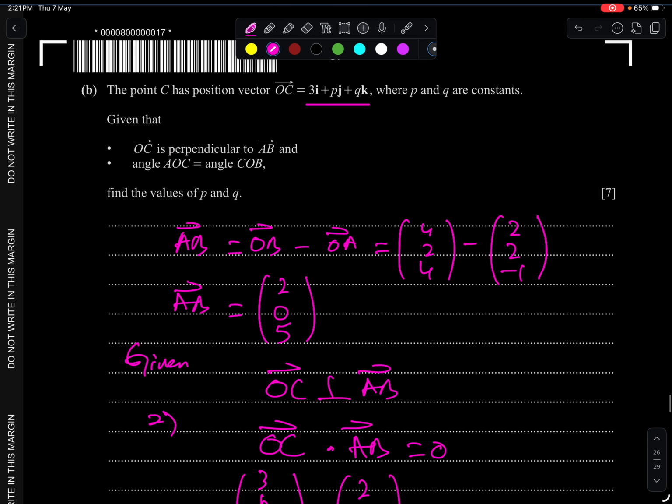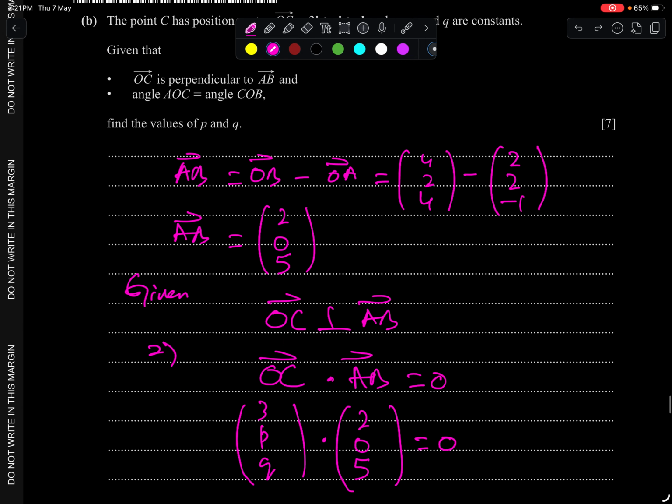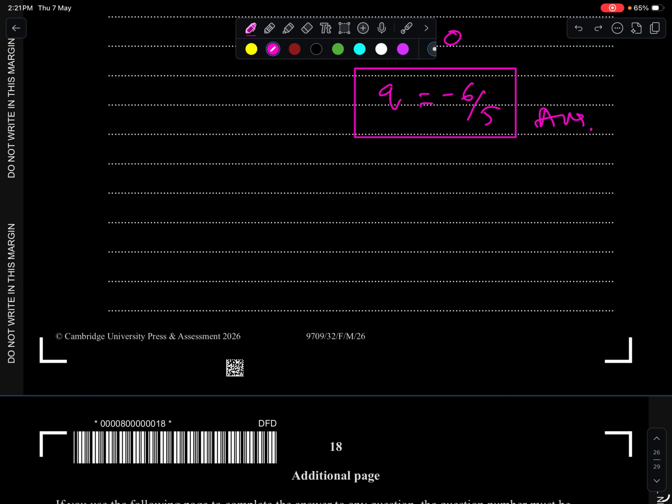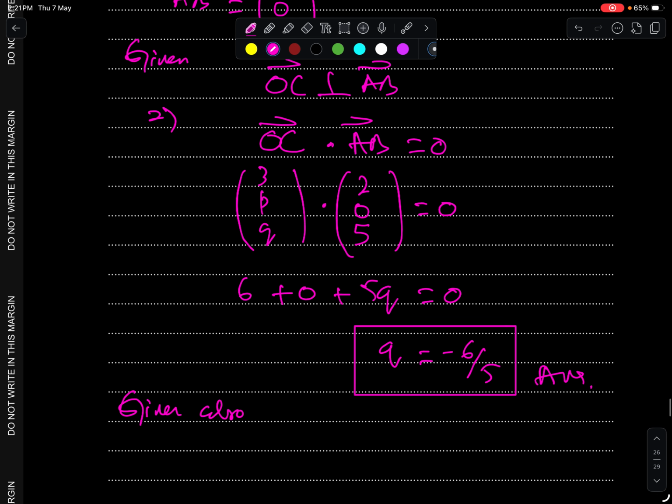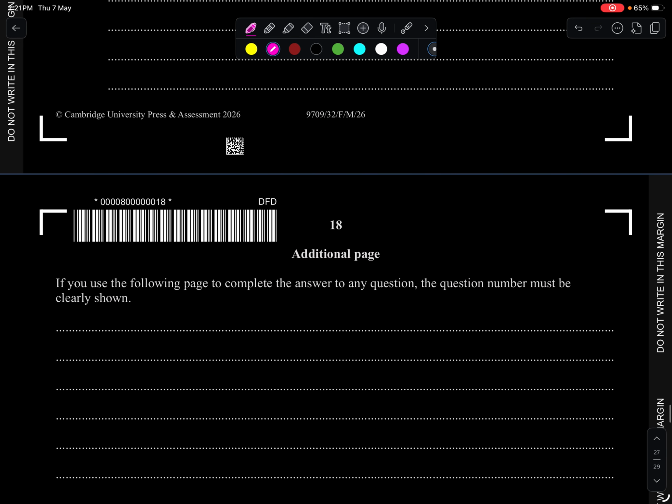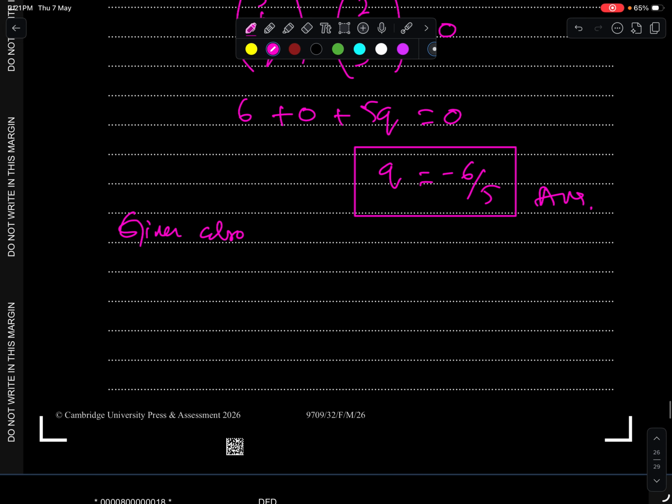We have got Q. Now angle AOC is equal to angle COB. It's given.